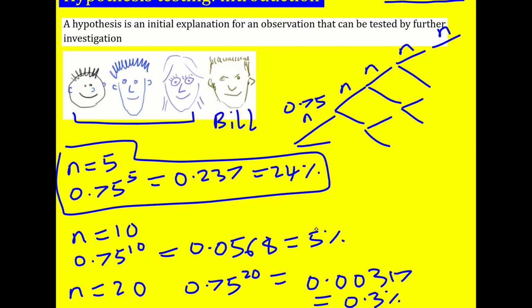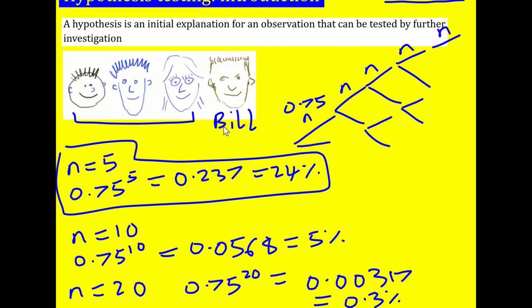Or maybe they try it 20 times and ask what's the probability of it happening? If the probability of however many times he washes up is less than 5%, then we're definitely going to accept our hypothesis. And this is basically what we're doing in hypothesis testing, but we write it a bit more formally.